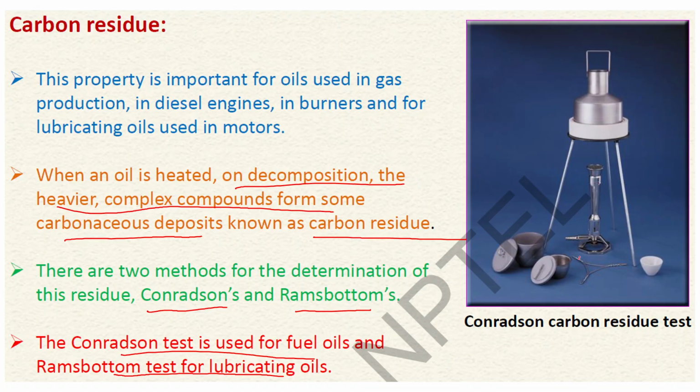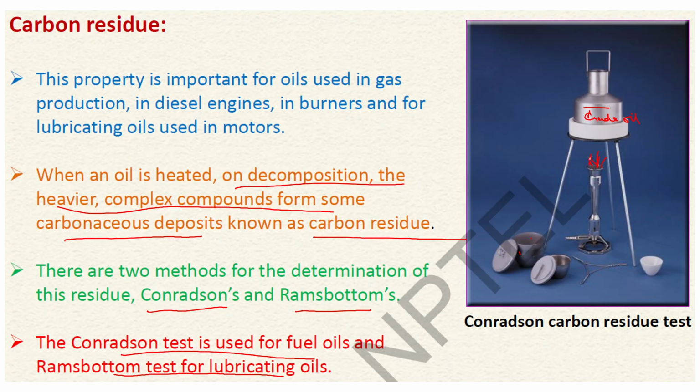This is the Conradson carbon residue test. Here we will take our crude oil sample in a crucible, and it will be kept in here, and the burner will start burning.